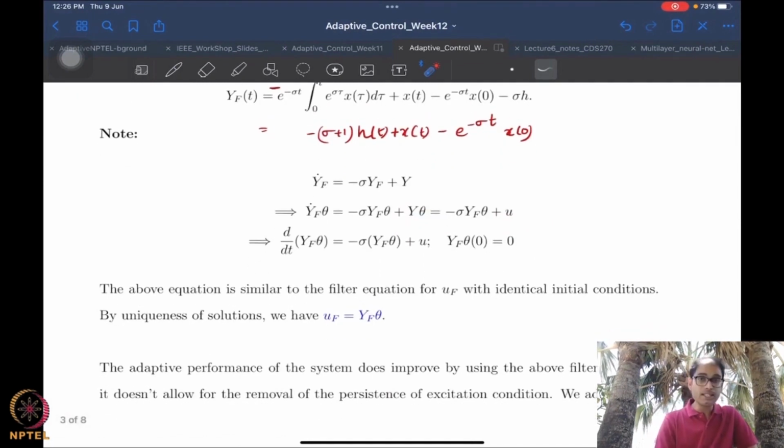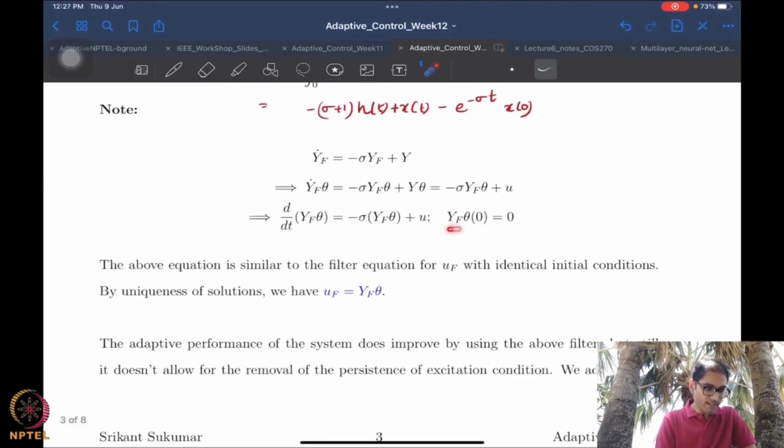And this is possible only because theta is a constant. If I take y of theta as a variable and take the derivative, I get exactly the left hand side. And on the right hand side, I have minus sigma again times y of theta plus u. And y of theta at 0 is 0 because yf at 0 is 0.